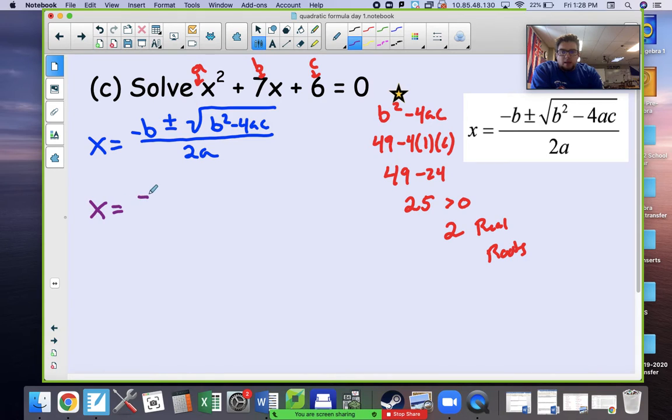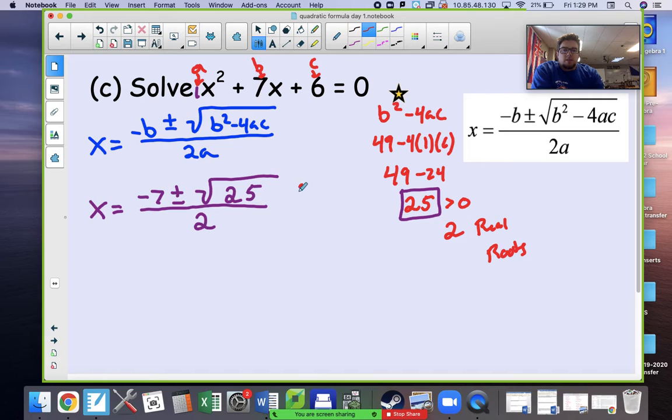So we get a negative 7 plus or minus the square root. Now instead of plugging back in for b squared minus 4ac, we've already calculated it over here. We're not going to recalculate it. All over 2 times a, well a is 1, so 2 times 1 gives us 2.